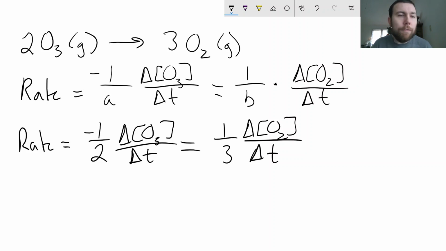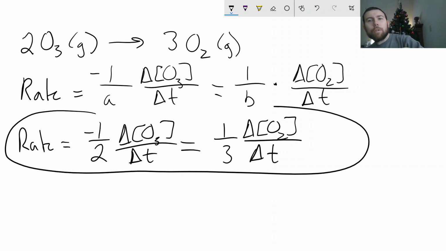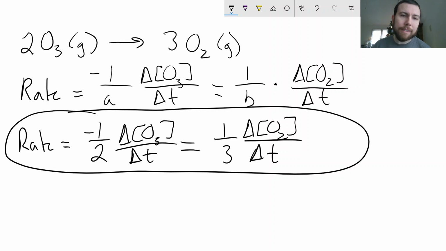Okay, and for part A, that's really all they're asking you for. They're wanting to know what's the rate of the reaction and how they're related to each other. So now that we have both of these rates right here, we're going to be able to use that to help us approach and solve part B of our question.